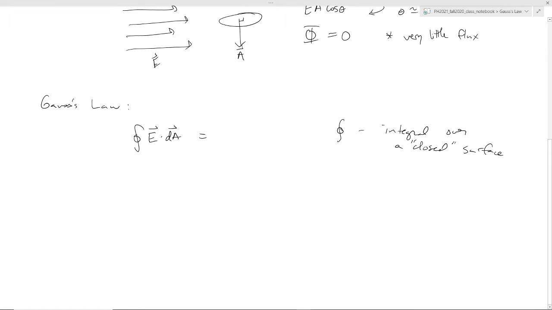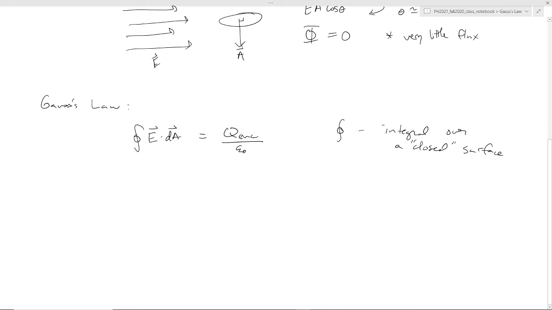So think of a beach ball or something that goes all the way around. That is going to equal the charge enclosed by that surface over epsilon naught.